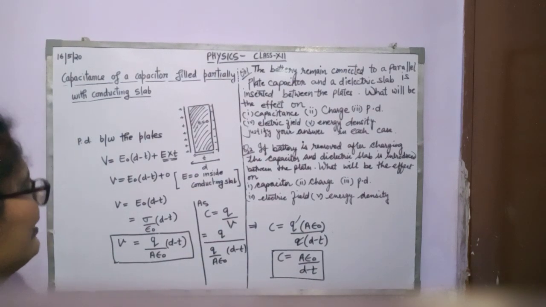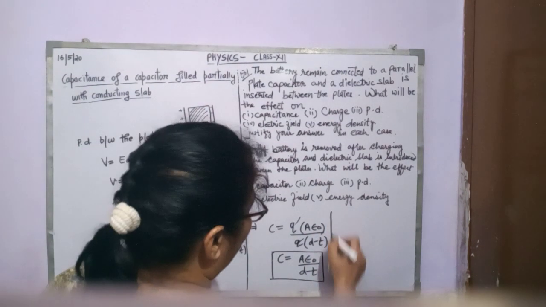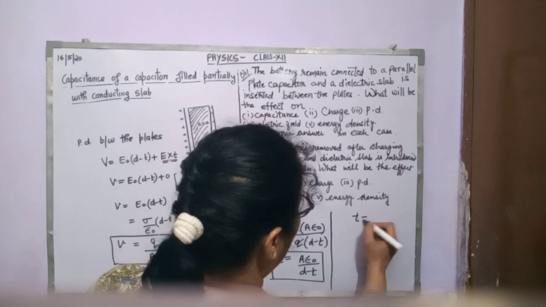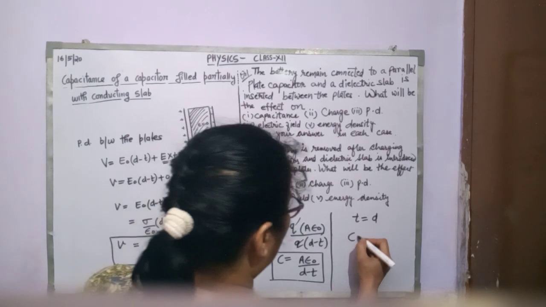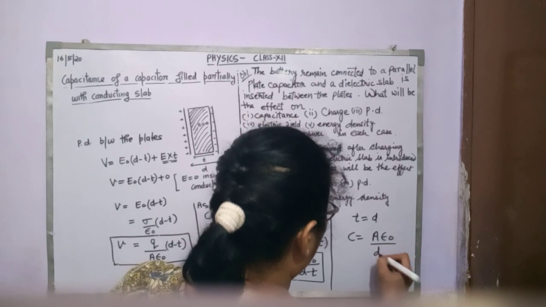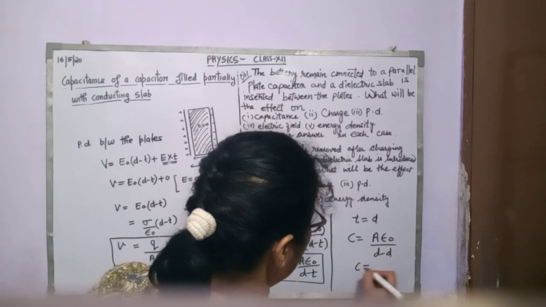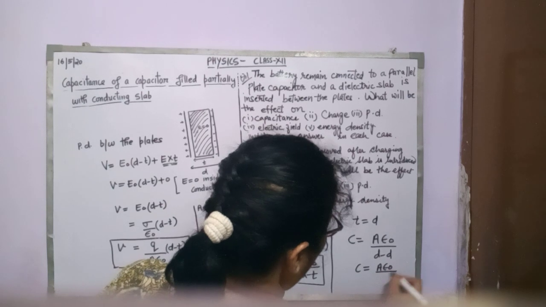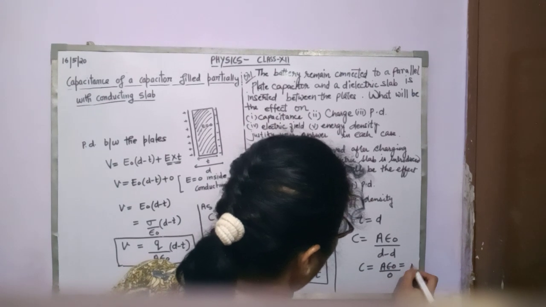When it is completely filled with the conducting slab, that means when t becomes equal to d, then C is equal to A epsilon naught upon (d minus d). d minus d means 0. A epsilon naught divided by 0 becomes infinite.